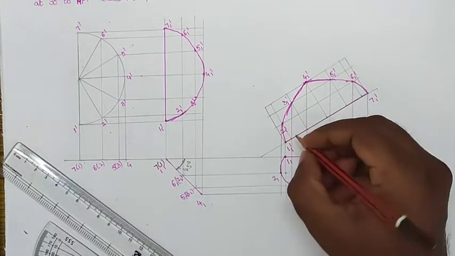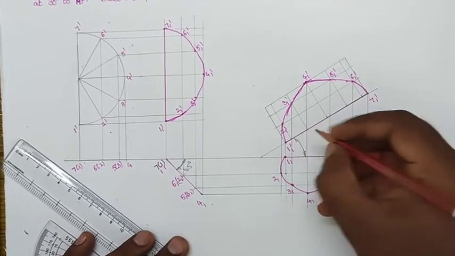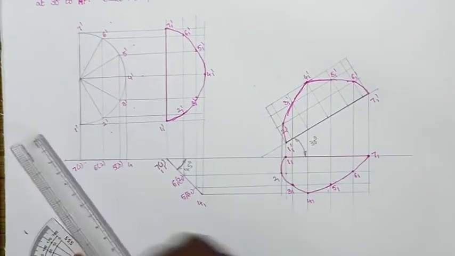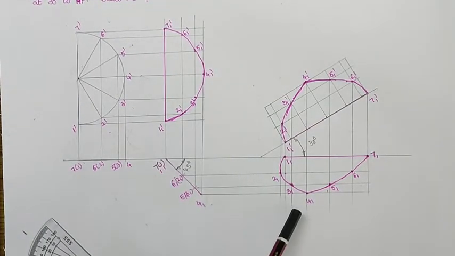Coming to the third position, the straight edge inclination position: this one is 30 degrees to the VP, 30 degrees to the HP. With that angle we tilt the straight edge by 30 degrees, and we construct our third front view. After that we construct the third top view. So this is our final view of our diagram.